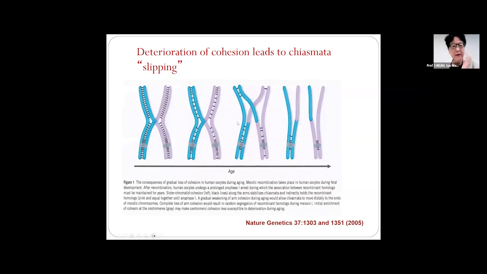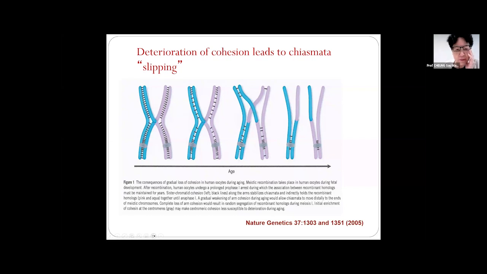Now, as we age, this cohesin deteriorates, leading to chiasmata slipping.